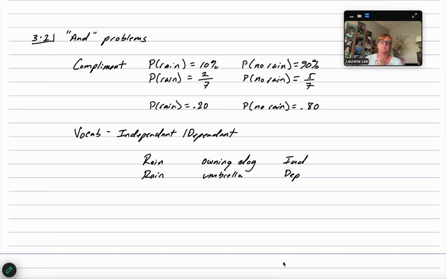Ideas that we talk about in probability a lot are rolling dice and drawing cards. If I roll a die and I draw a card, those are independent events. They don't influence each other. Now, here's another example. Let's say we're playing cards and I'm going to deal out cards to everybody at the table. That's actually a dependent event, because what card I get influences the chances of what card you get.